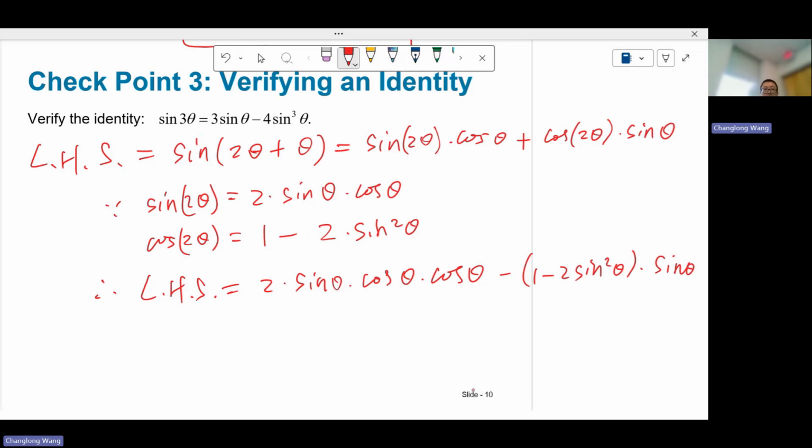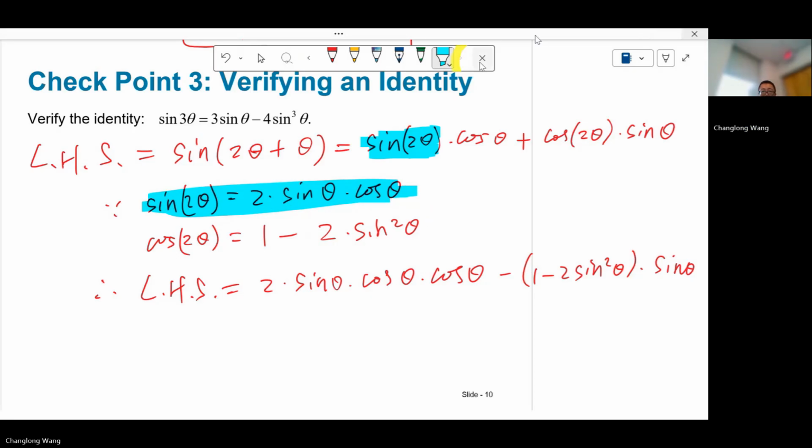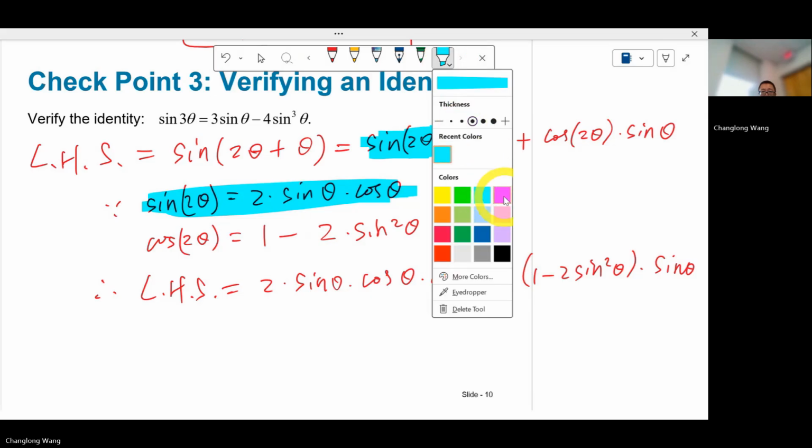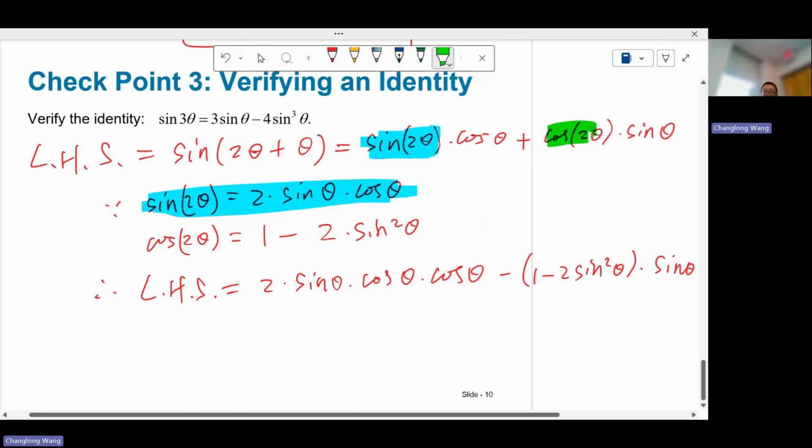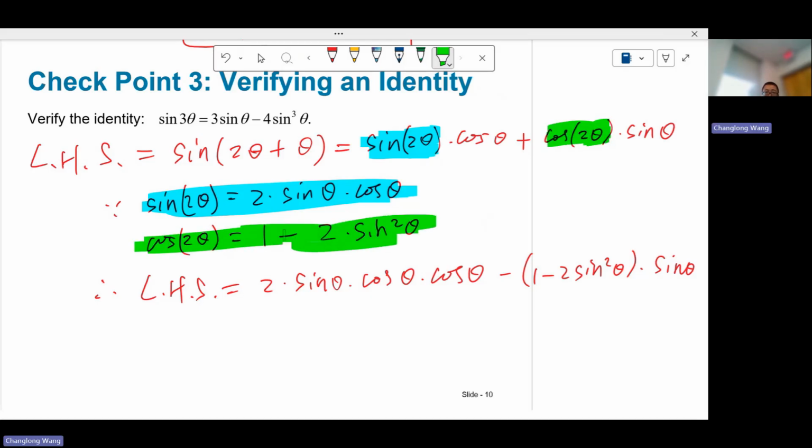Again, please keep track of all those terms and see where they go. All I did was replace sine 2 theta with the right-hand side of the double angle identity, right? I was replacing the cosine 2 theta with the right-hand side of one of the alternative forms for cosine of double angle.